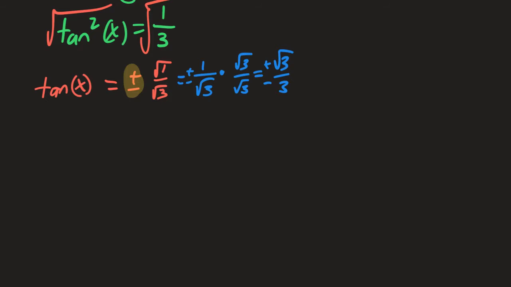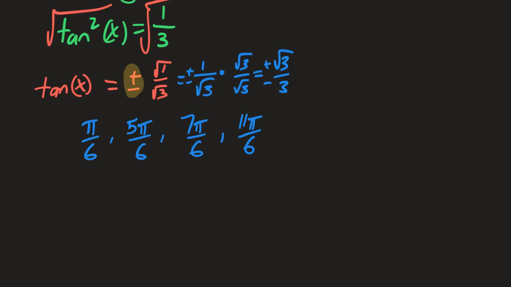So I'm hoping that you came up with pi over 6, 5 pi over 6, 7 pi over 6, and 11 pi over 6. Okay, these are the 4 angles where tangent is going to equal positive or negative root 3 over 3.